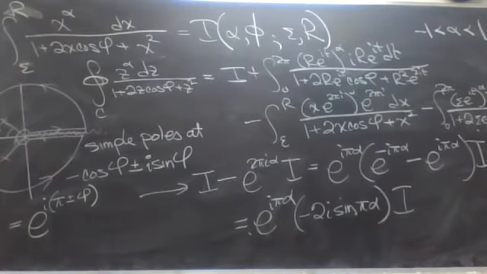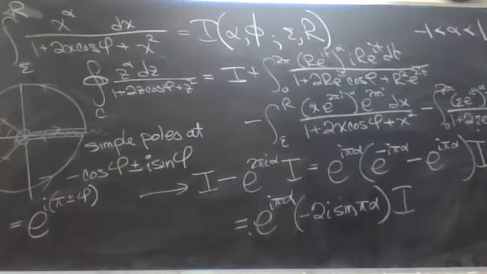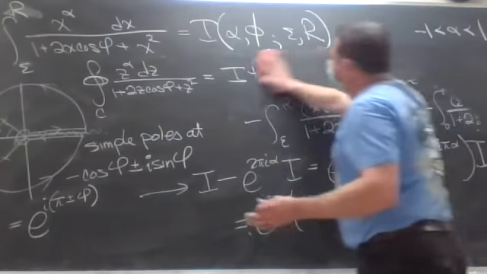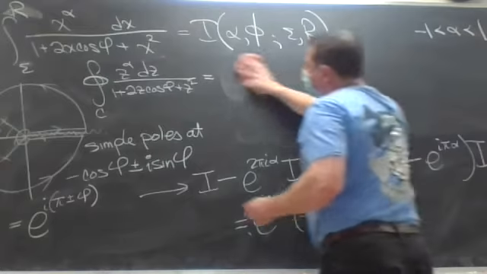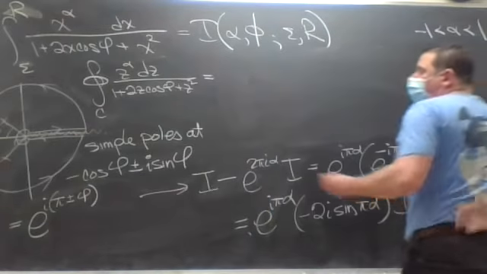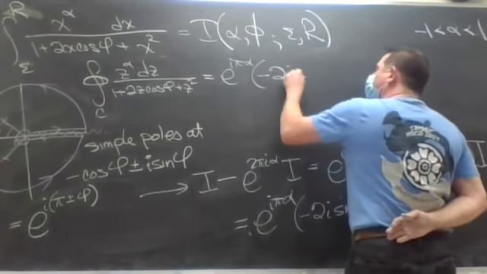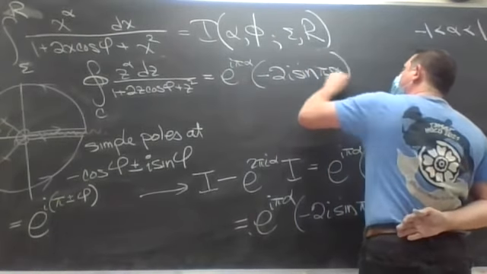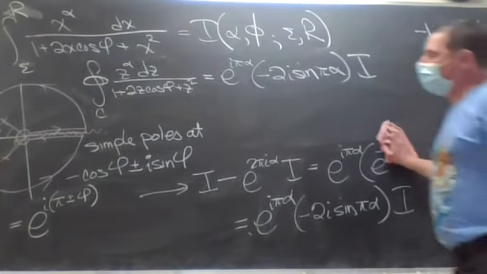In order for us to determine the value of capital I, I now have to do this loop integral by Cauchy. That requires space, so I'm going to get rid of all this business. All right, so now we're doing the loop integral by Cauchy.